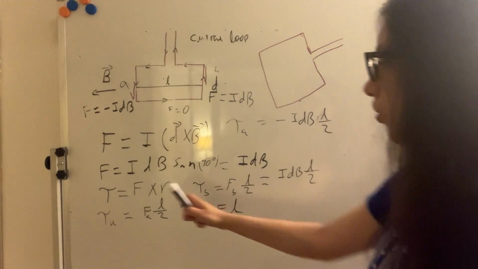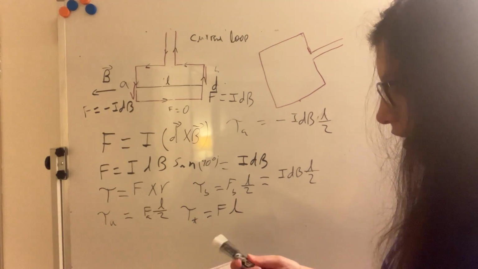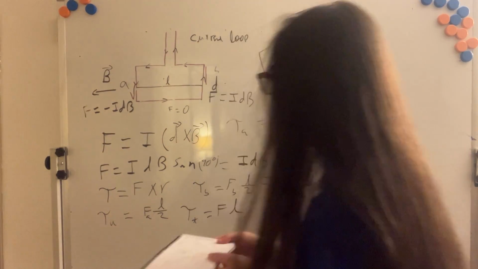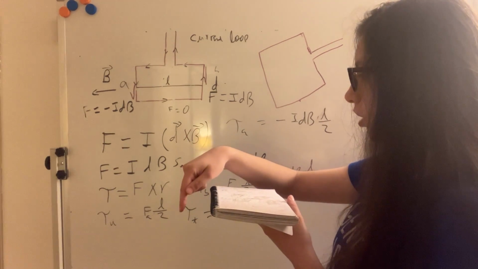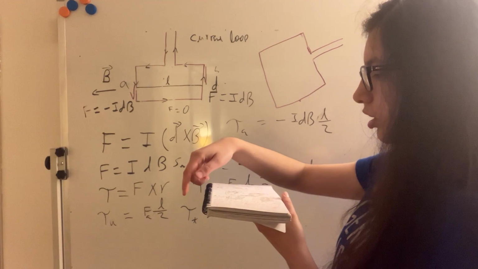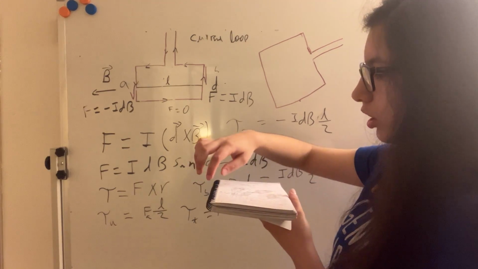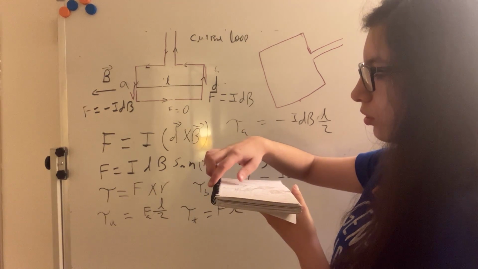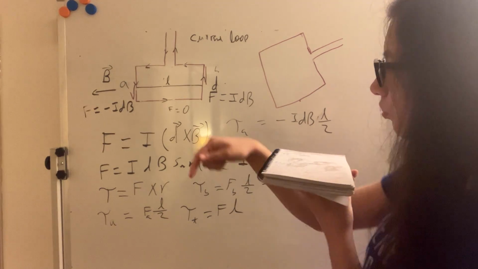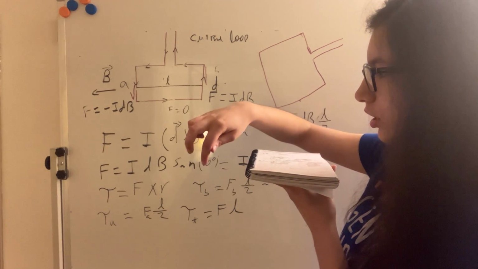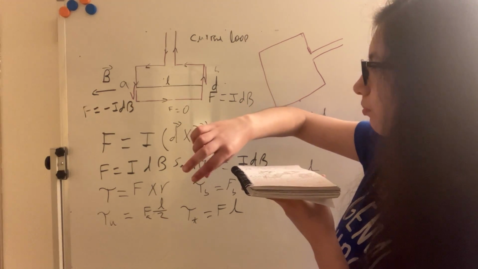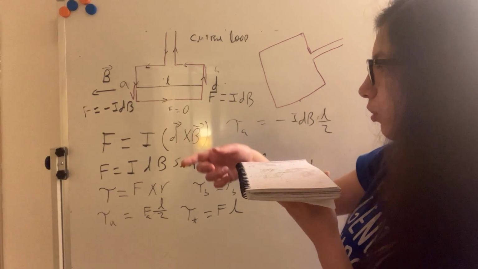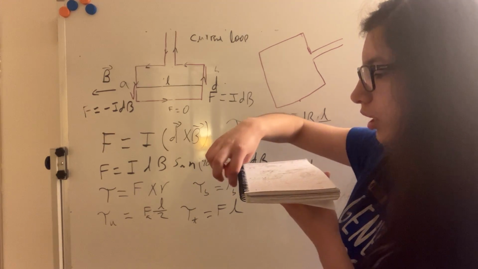The direction of this torque is again by the right hand rule. Now the force goes in this direction, the distance is in this direction, so force, distance, like that, quite the same with the magnetic field, so like that.